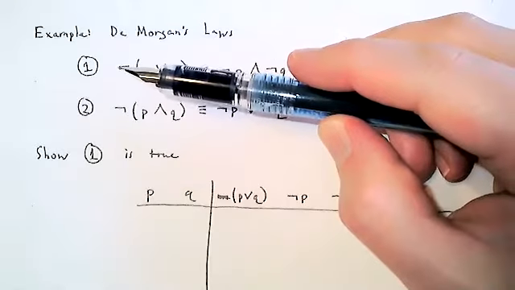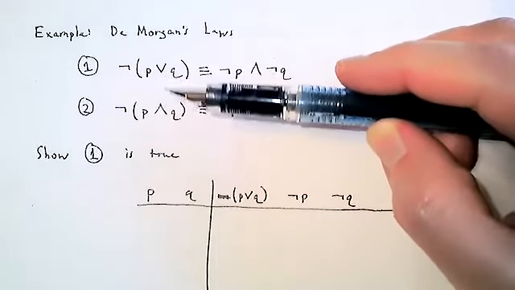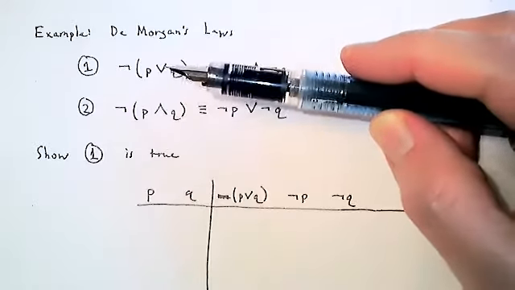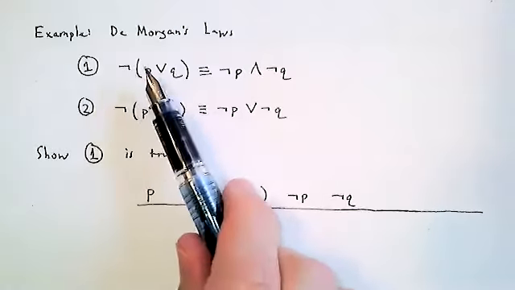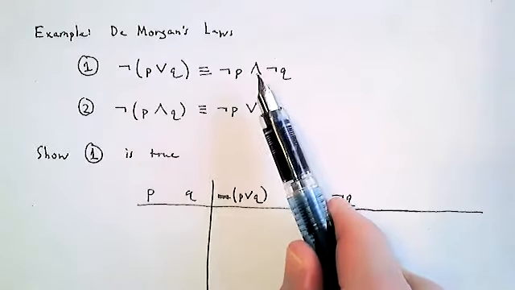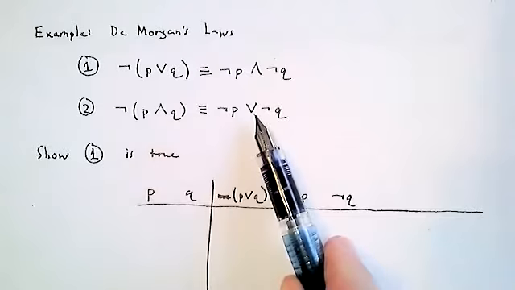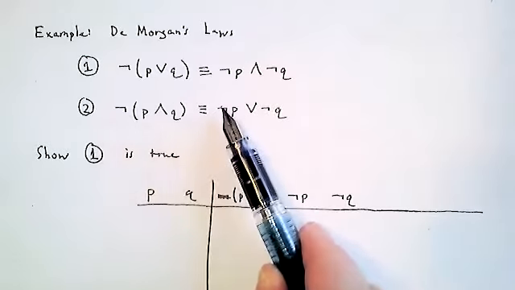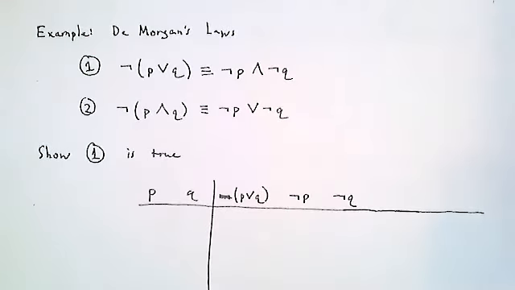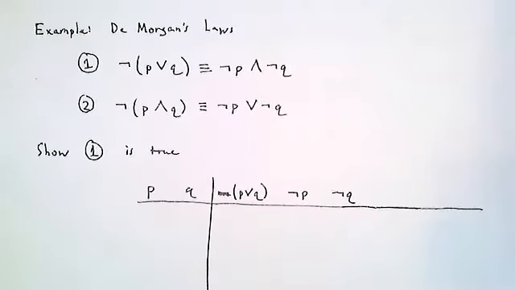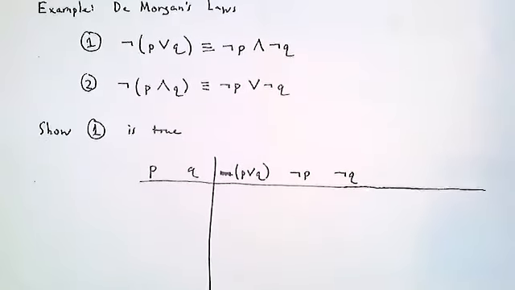Instead of a complement, we now have a negation, and instead of intersections and unions, we have ands and ors, well, ors and ands. But the effect is the same. The negation flips the sign in the middle. So this or becomes an and, and this and becomes an or when you distribute the negation. So these are some of the kinds of logic laws that you might need to know.